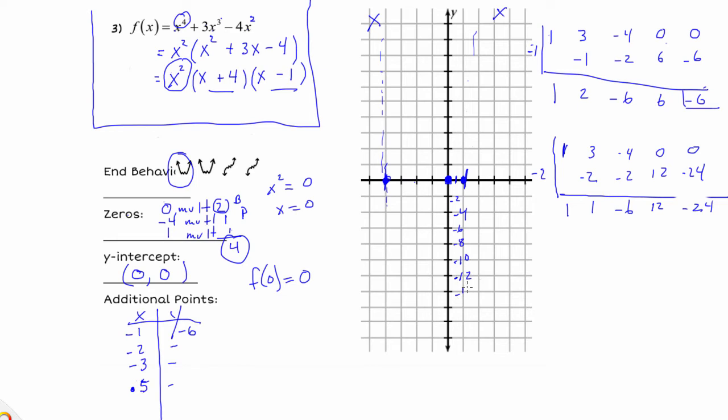It'd be pretty far down. 14, 16, 18, 20, and then right about here, maybe 22. So we're going to be down here somewhere. That's okay. So negative 2 is negative 24. And hopefully negative 3 is not such a large negative number. Again, 1, 3, negative 4, 0, 0.